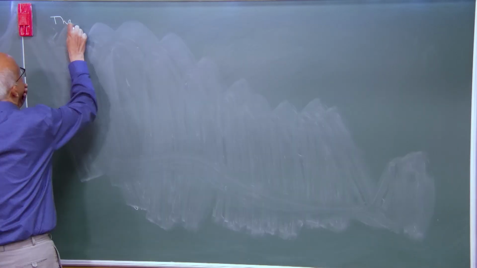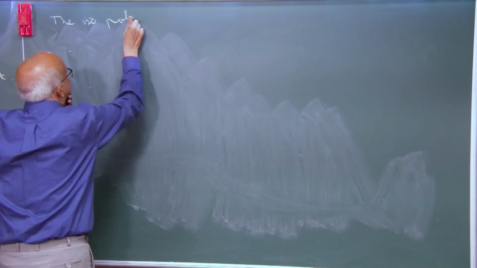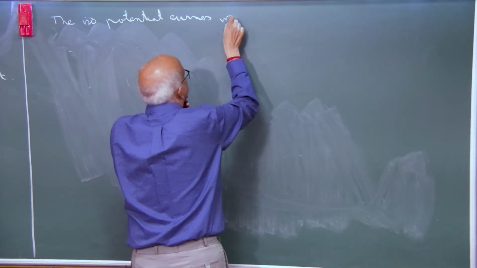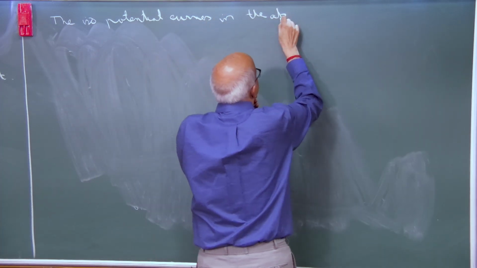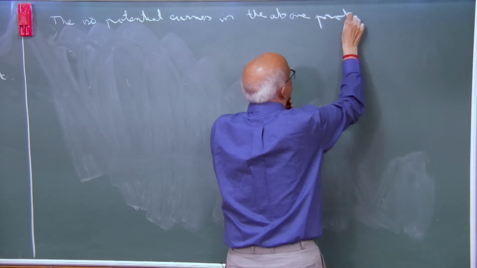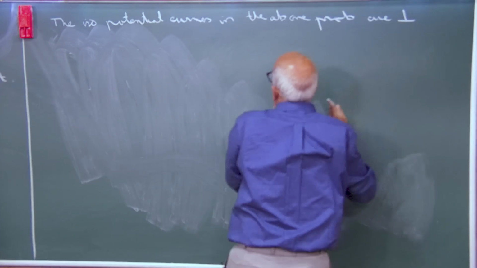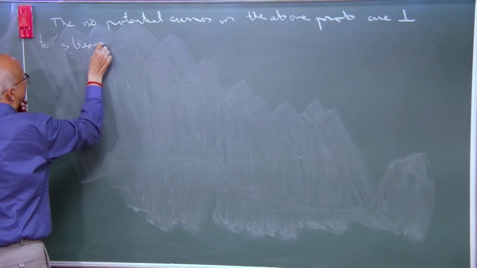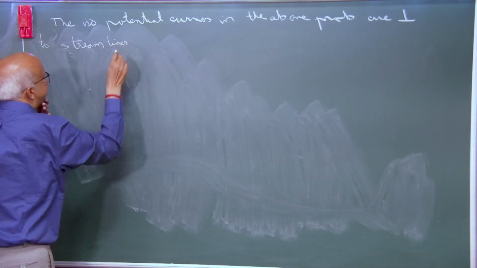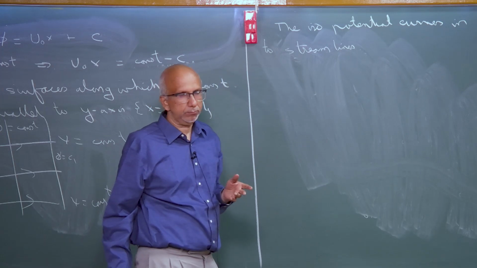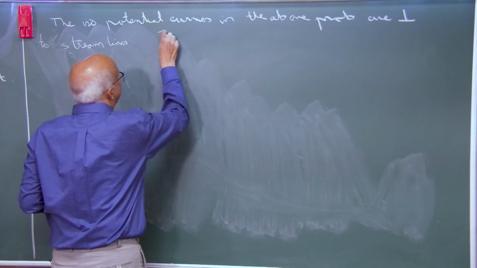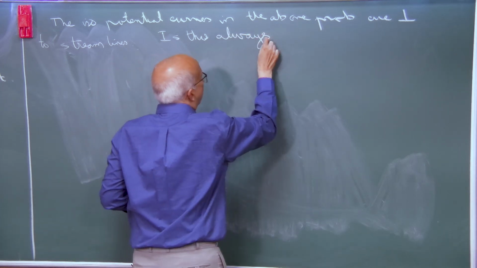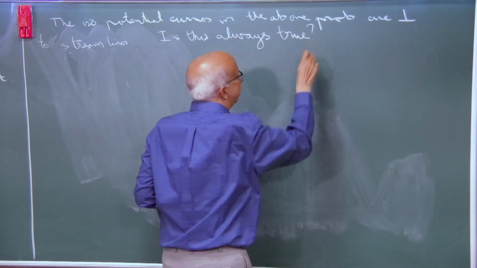So, basically the isopotential curves in the above problem are perpendicular to the streamlines. Okay. Is this always true? That is the question.